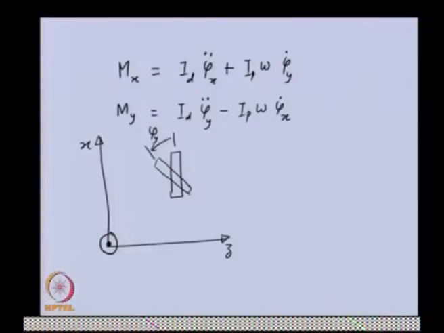Now, we will be having, because this particular disc is attached to the shaft, and we have drawn the free body diagram of that, an elastic force and also a moment. So let us say this is about the y axis.